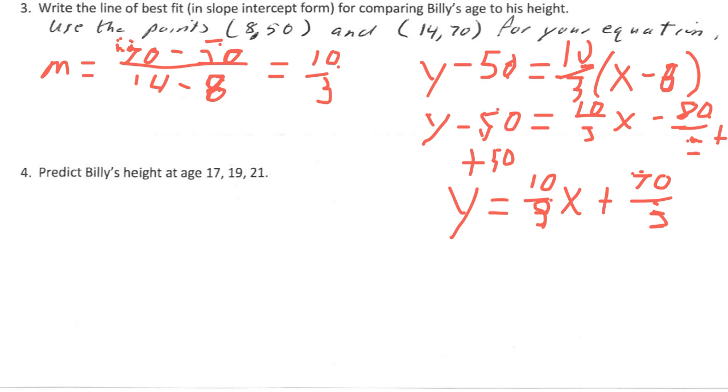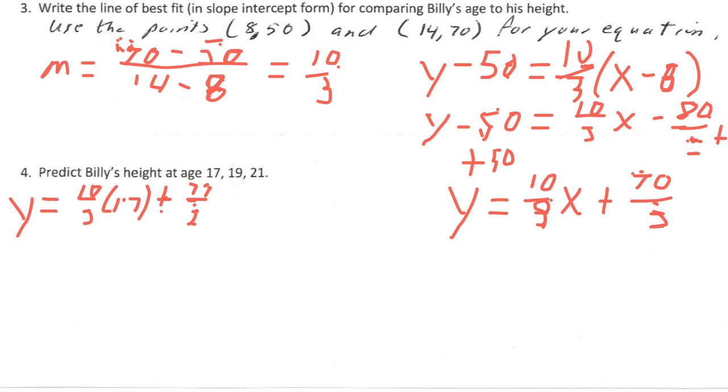Using our equation out over 17 years old, y equals 10 thirds, 17 goes in there, plus 70 over 3. And we're going to get pretty darn close.